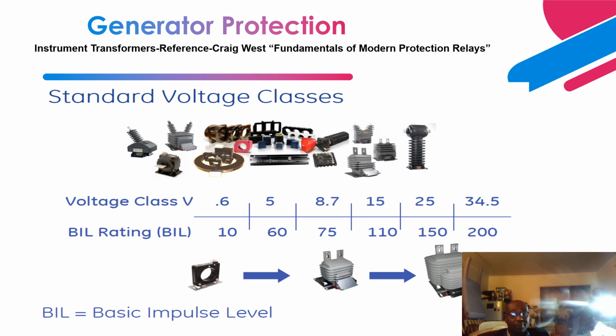For a voltage class of 34.5, we're looking at the BIL, basic impulse level, based on switching or lightning, of 200 kV. For a voltage class of 25, we're looking at 150 kV. Then a voltage class of 15 kV, 110 kV. Voltage class of 8.7, we're looking at 75 kV. Then 5 kV is 60, and 600 volts is 10 kV.